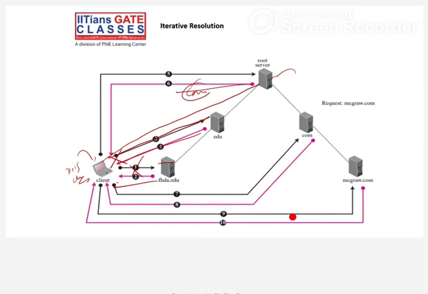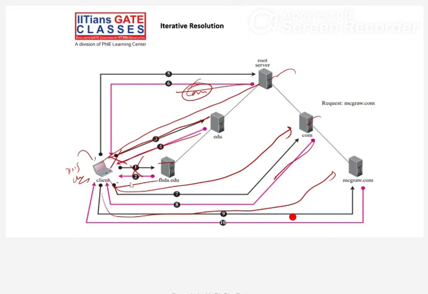Inverse domain, right? This is very important. This inverse domain is used to map an address to a name, IP address to a name. This may happen, for example, when a server has received a request from the client to do a task. This type of query is called inverse or pointer.